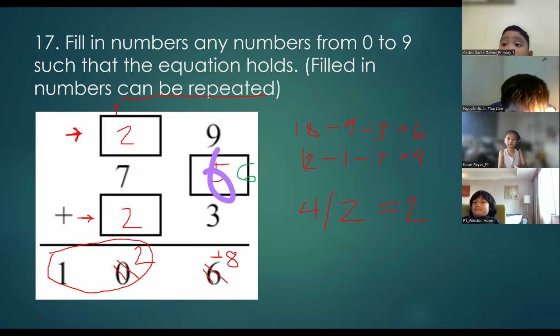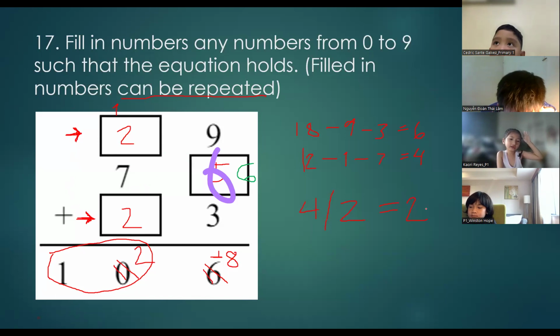Seth? The second box is 3. The third box is 1. Yeah, so it can also be 1 and 3 if the numbers cannot be repeated. But if the numbers can be repeated, then you can also put 2 and 2 here.